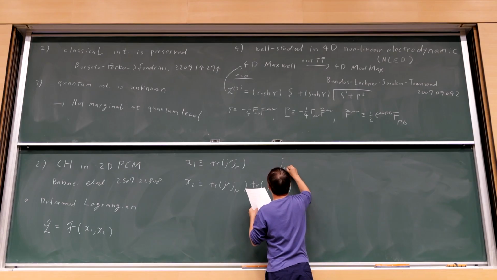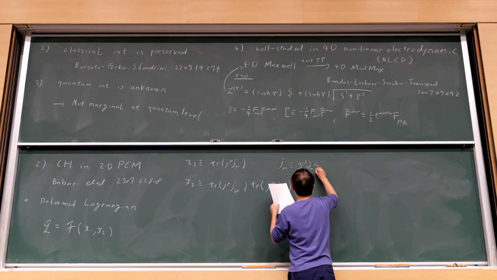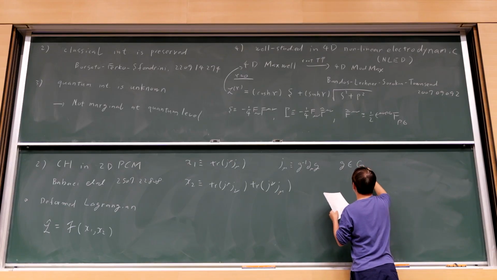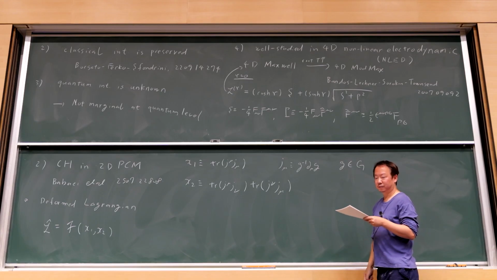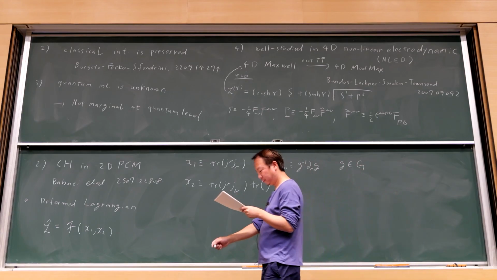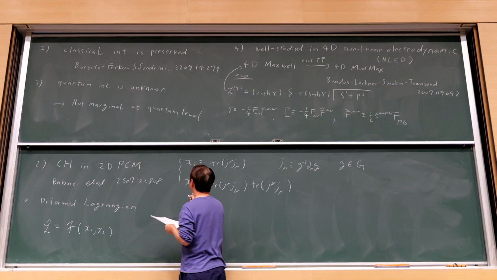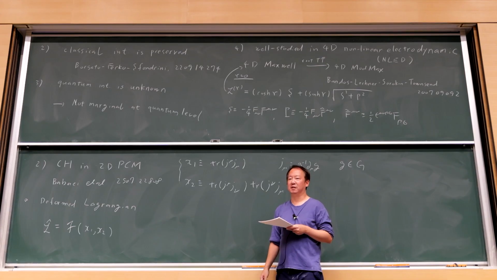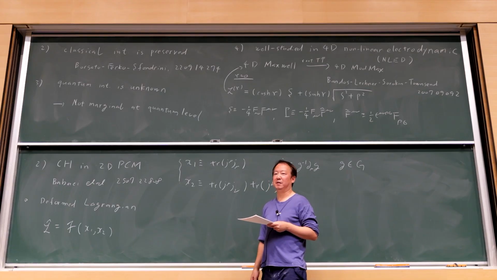Here, j mu is the usual left invariant one-form, the Maurer-Cartan one-form, and this g is a group element. So now we are considering the G principal chiral models. Here I have introduced two quantities, x1 and x2. These are Lorentz scalars, and these two Lorentz scalars are functionally independent.